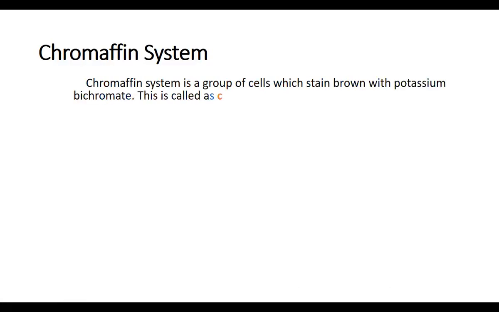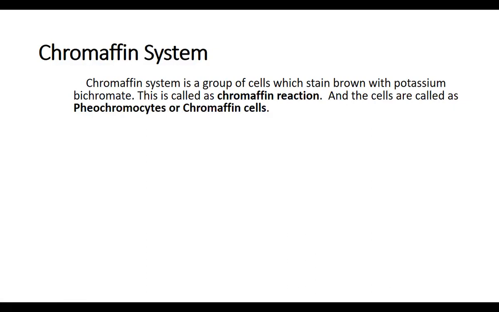Okay. Now coming to the chromaffin system. We have seen that the medulla cells are called chromaffin cells. They are chromaffin cells, and this is part of something called the chromaffin system. So what is this chromaffin system? The chromaffin system is a group of cells which stain brown with potassium bichromate.